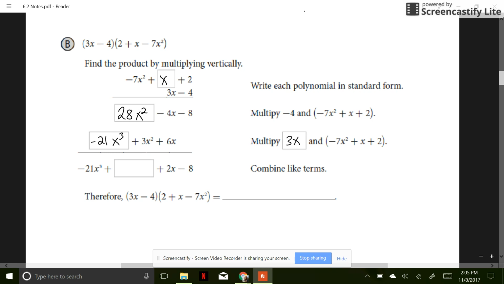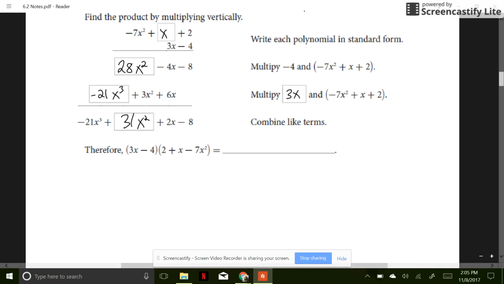So negative 21x cubed. 28x squared plus 3x squared should get you 31x squared. Negative 4x plus 6x is 2x, and then the minus 8 by itself. So therefore, our answer is negative 21x cubed plus 31x squared plus 2x minus 8.